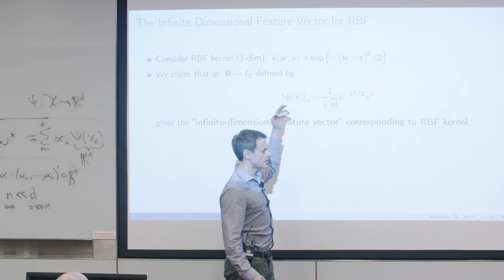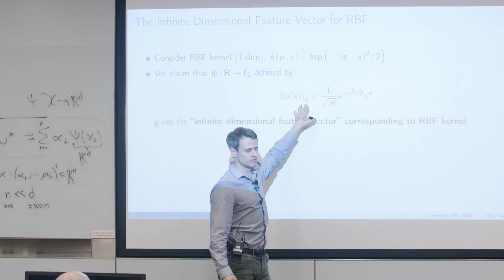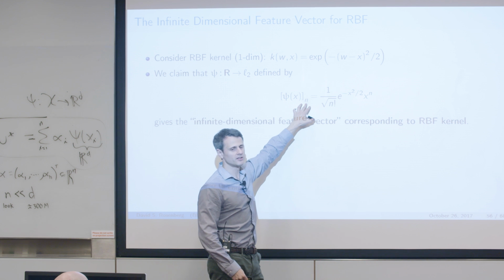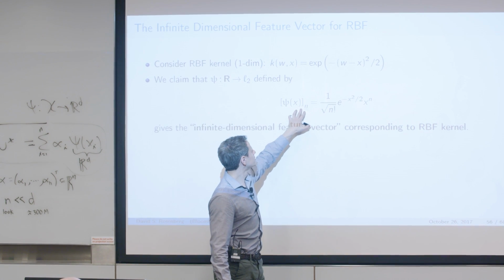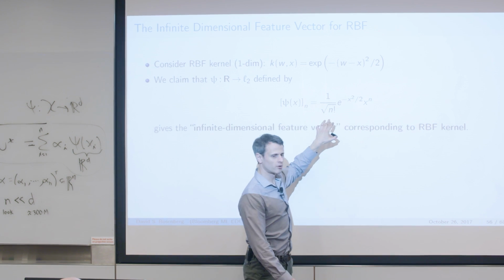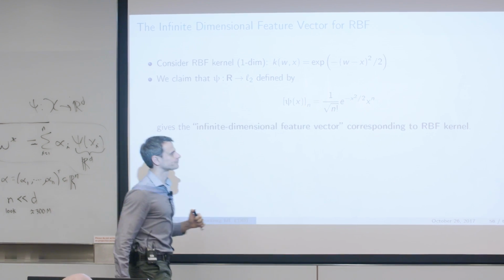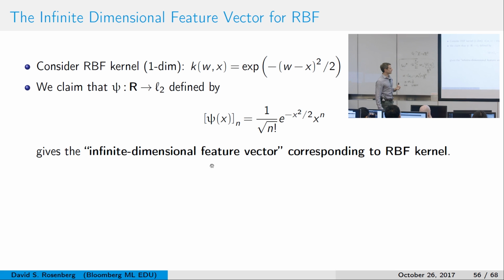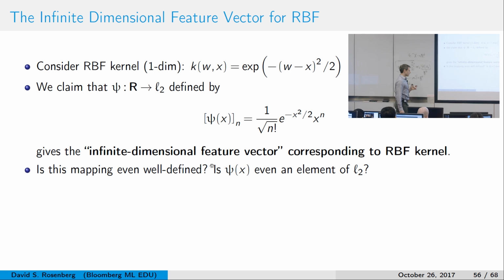That's just a function of x. And then in each of the coordinates, n does not refer to the data set size here. This refers now to the coordinate of this infinite dimensional feature vector. Sorry for that overloading. So the nth entry of this infinite dimensional feature vector has this value. The part depending on n is the 1 over square root of n factorial and the x to the n piece. And you can prove by direct calculation that this gives rise to the kernel that's claimed.